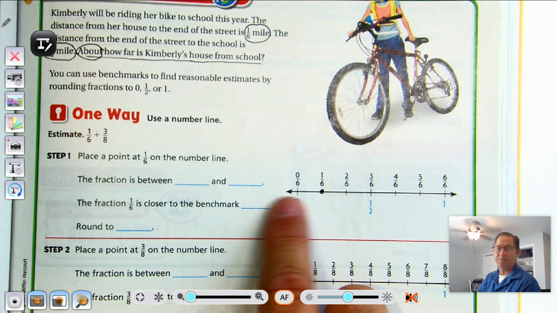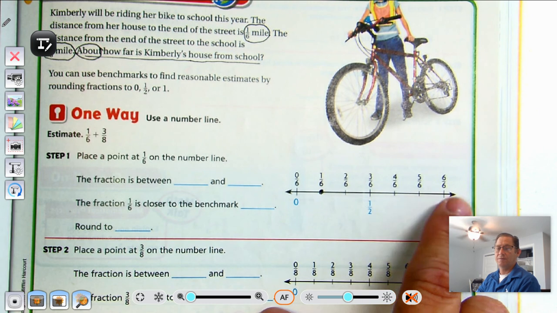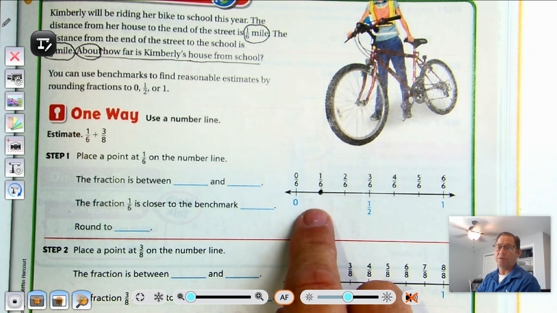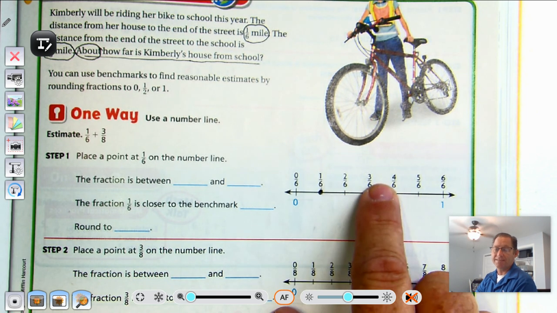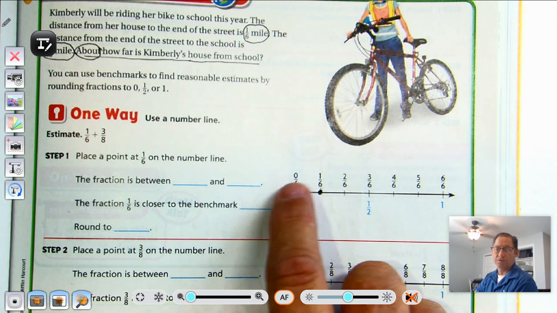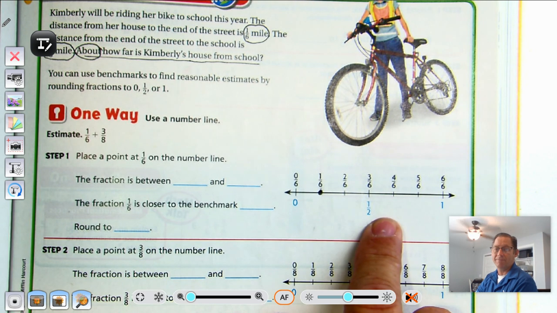Remember that 1/6 means that there are 6 parts or 6 pieces in one whole. All right, and the numerator tells us that there's only one out of those 6 pieces. So half would be 3/6, right? Well, what is 1/6 closer to? Is it closer to 0, 0/6, which is 0, or is it closer to 1/2?